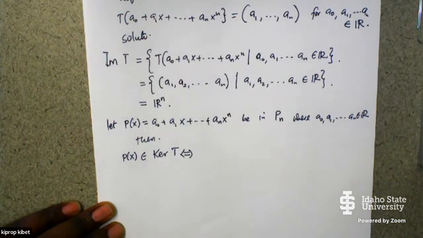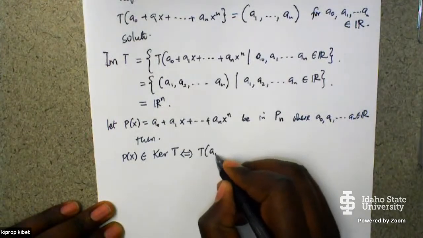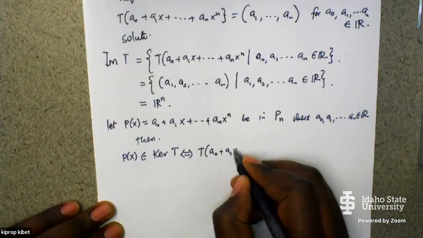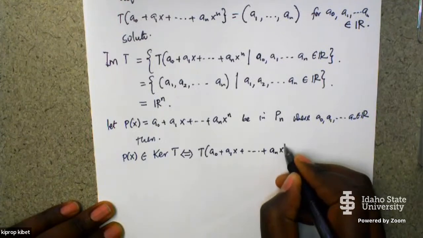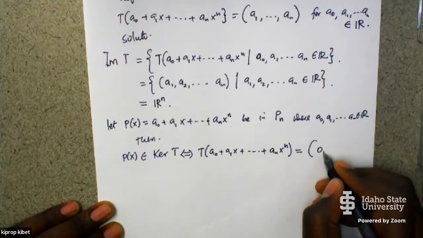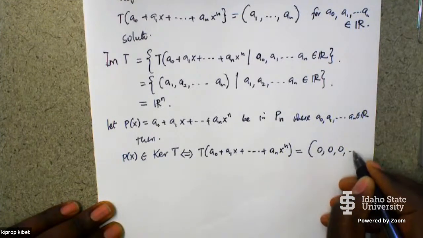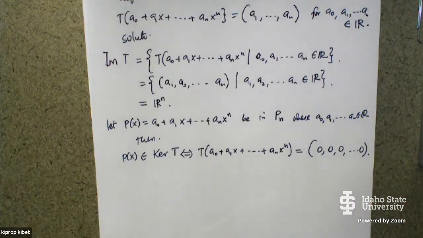If this is in the kernel, then T of a0 plus a1x plus up to anxn should give us 0, 0, all the way to zeros. So they should give us 0.